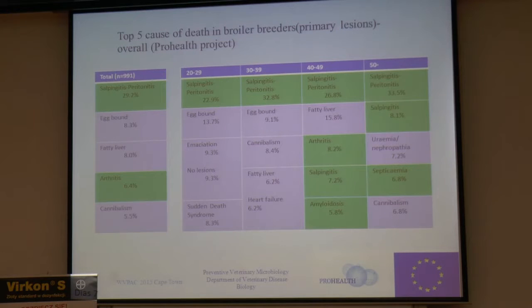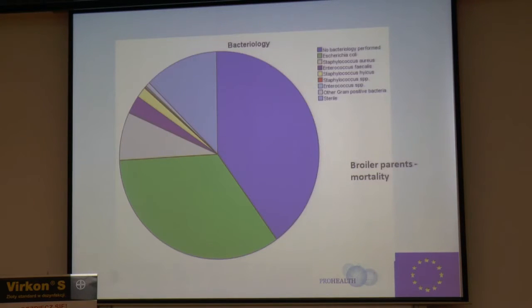So, coli, because in the broiler parents, again, as you saw, we see here Escherichia coli, the microbiological findings, in the blue, the green part of the cake here. And again, this is definitely the most important microbiological finding associated with salpingitis peritonitis.